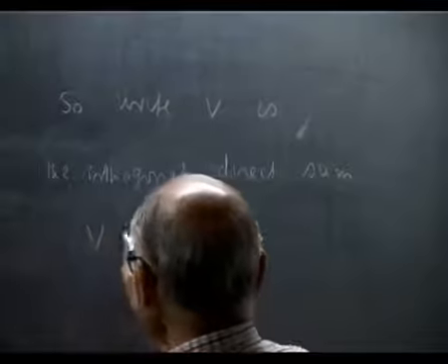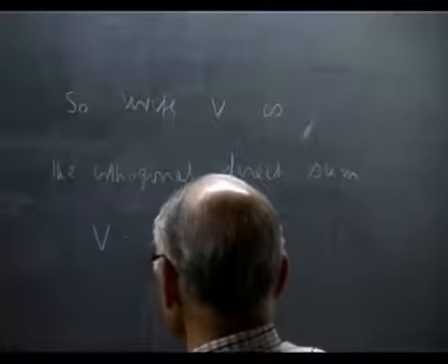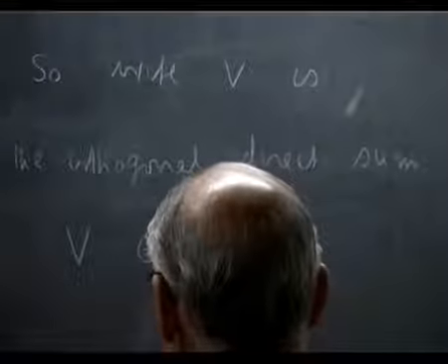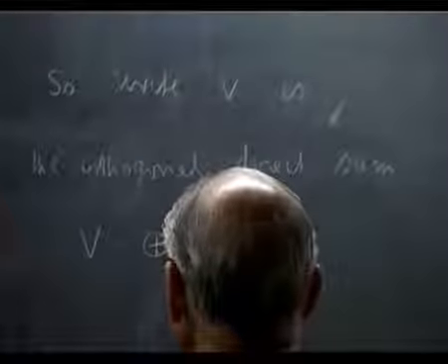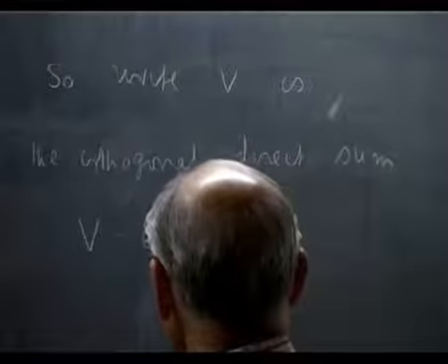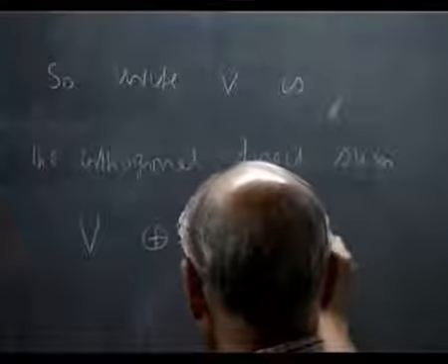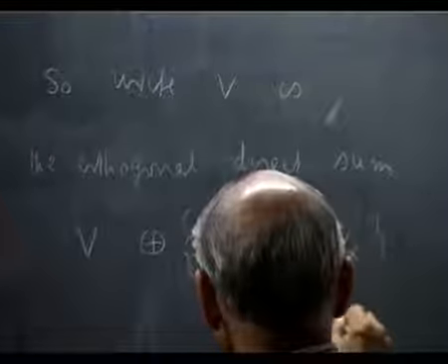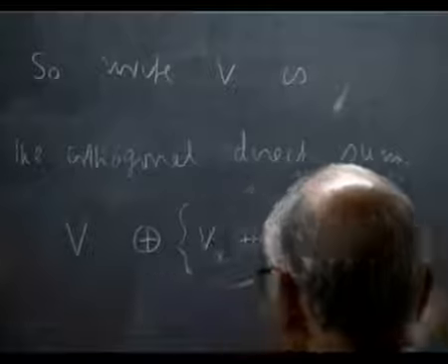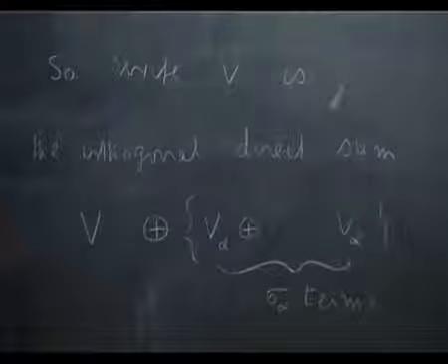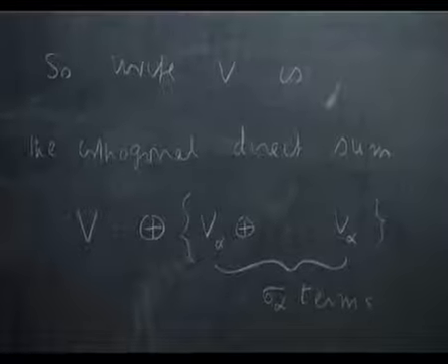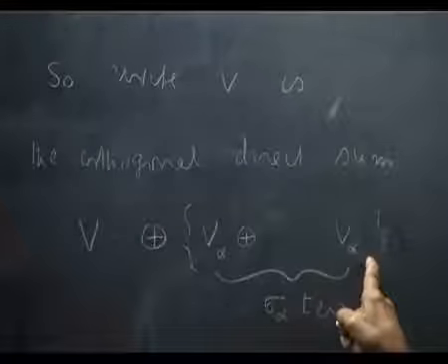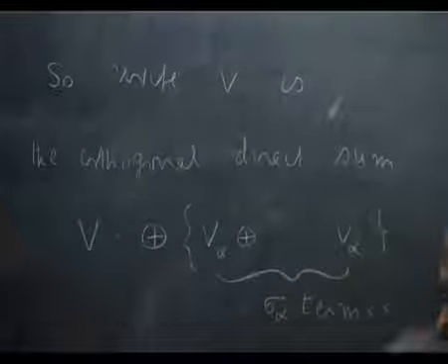For alpha you will get V alpha, and this will be sigma alpha terms. Then you will sum over the different things, a group like that. There are sigma alpha copies here. Then another one, maybe another. So let us see what happens.